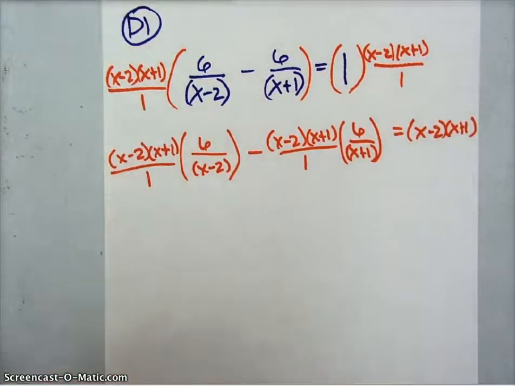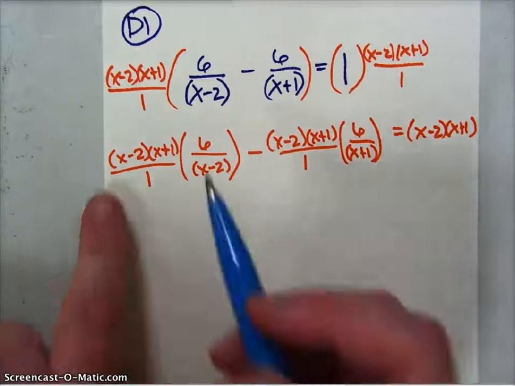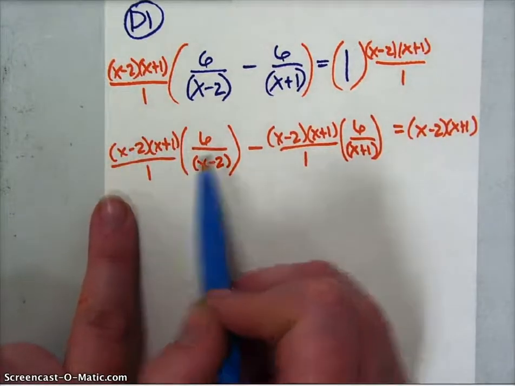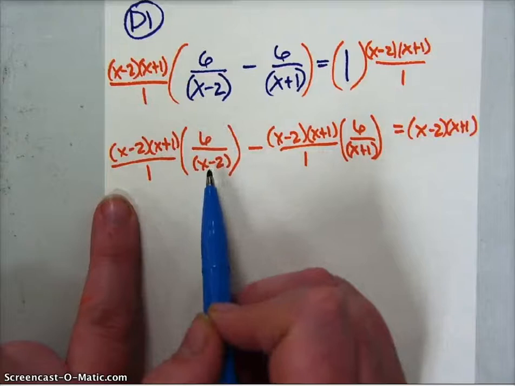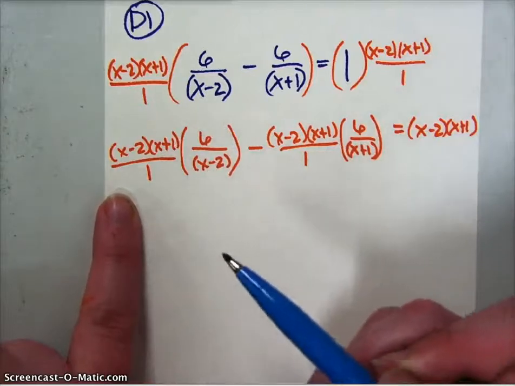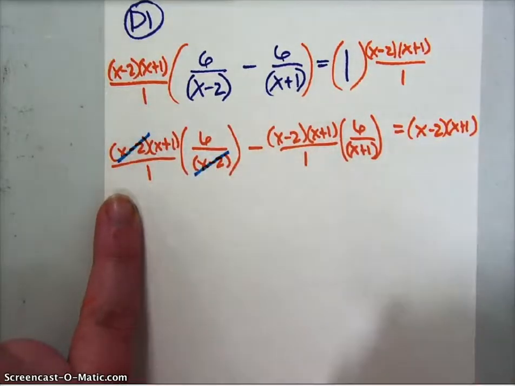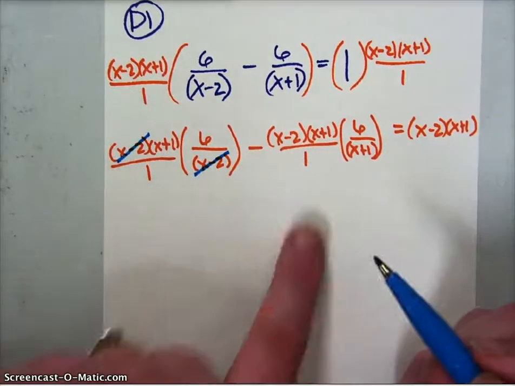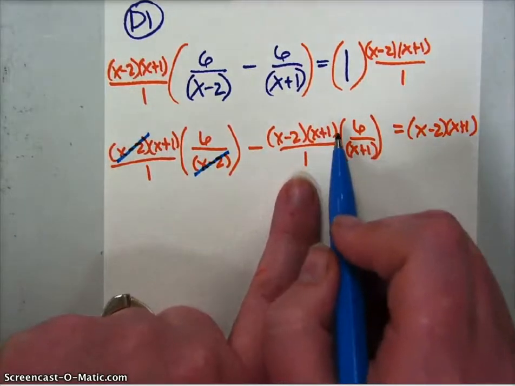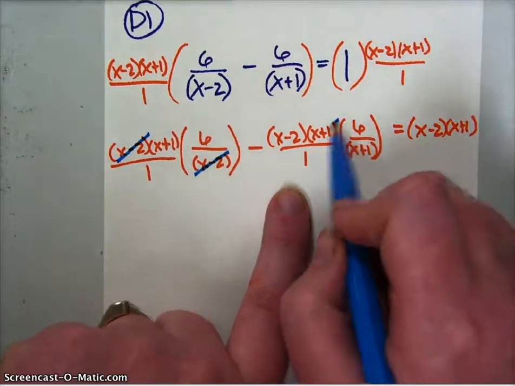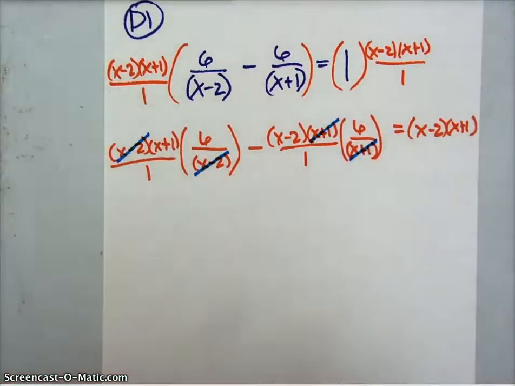Okay. What can we start simplifying? Okay, with this first part, we have a fraction multiplied by a fraction. So we can cancel any common factors in the numerator and denominator. We have that factor of x minus 2 that can cancel. With the second fraction here, or second term, we have a fraction multiplied by a fraction. So the factor of x plus 1 can reduce.